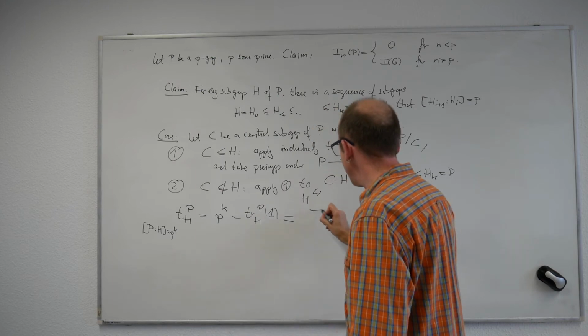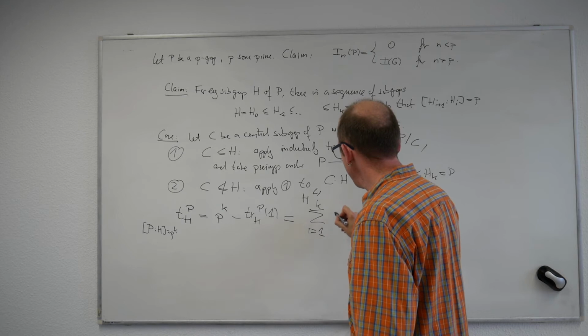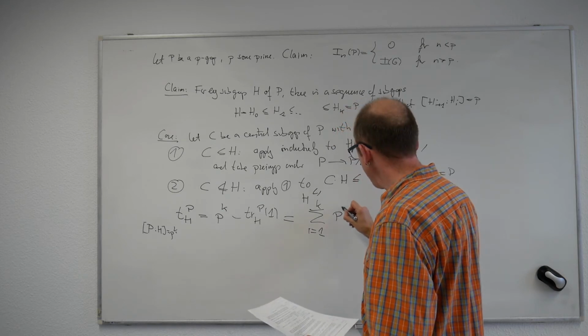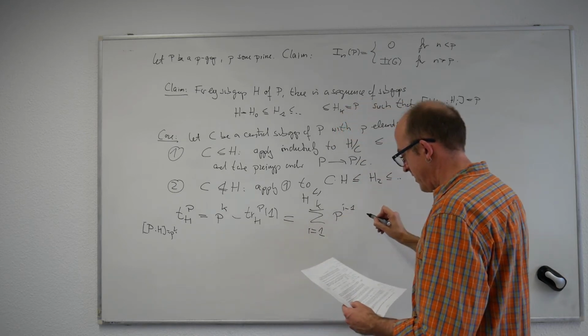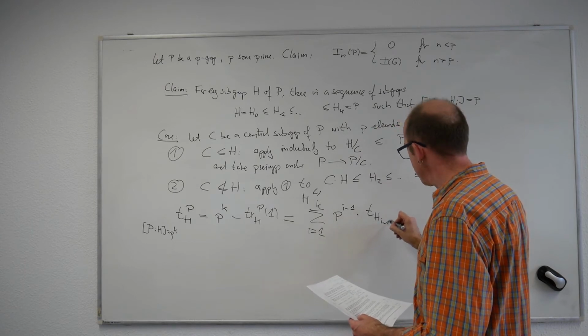I'm rewriting this as the sum i equals 1 to K, and then P to the i minus 1 times T, H i minus 1, H i.